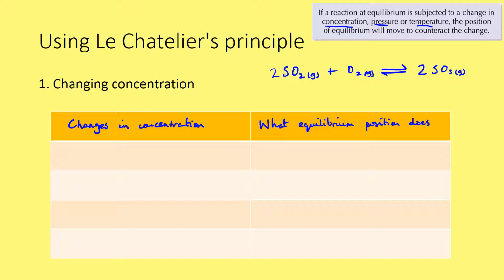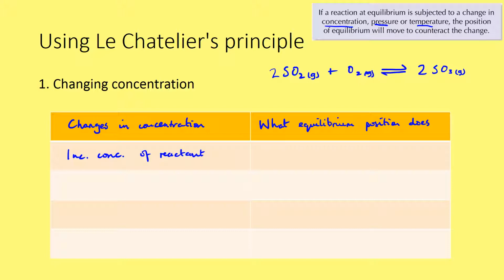Okay, so firstly, let's assume that we increase the concentration of a reactant. Our situation was at equilibrium, and then we made a change. We increased the concentration of a reactant, let's say it was sulfur dioxide. What does the equilibrium position do? Well, it's going to move, i.e. it's going to change the amounts of reactants and products to counteract that change.